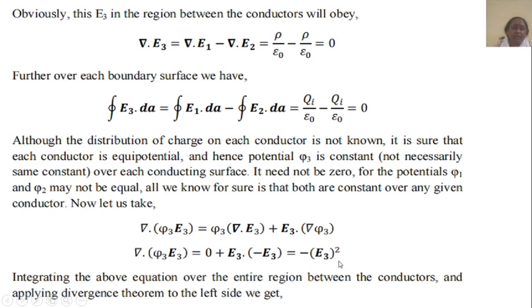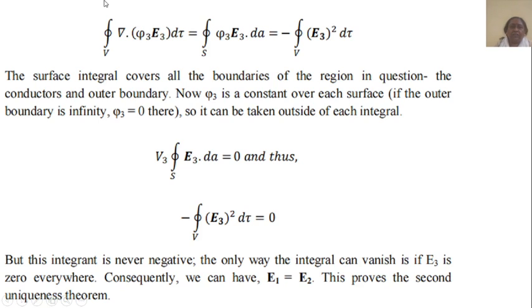Now integrating the above equation over the entire region between the conductors and applying the divergence theorem to the left side, we get the integral over volume V of del dot psi 3 E3 d tau, equal to the closed integral over surface S of psi 3 E3 dot dA, equal to minus the integral over V of E3 square d tau.